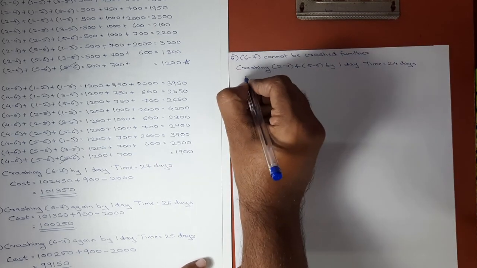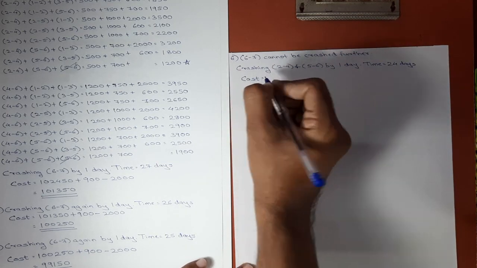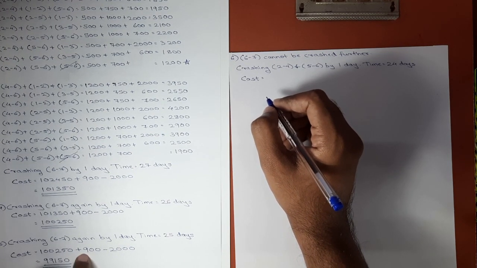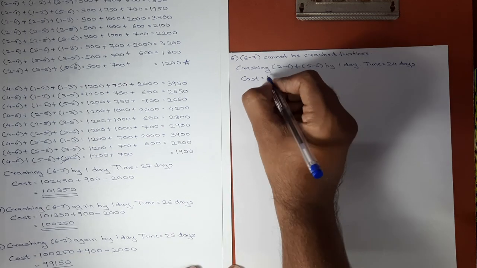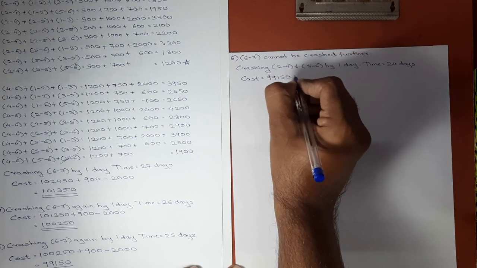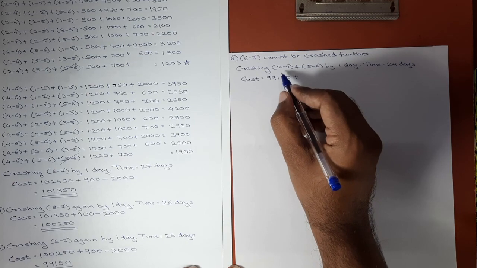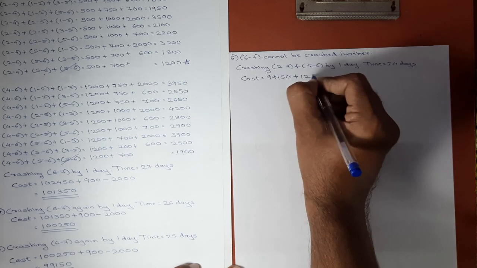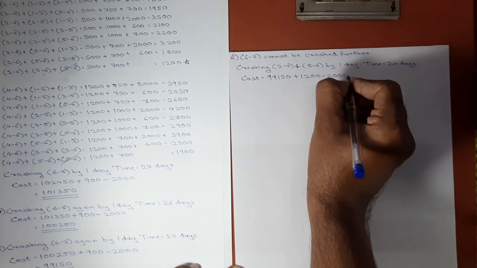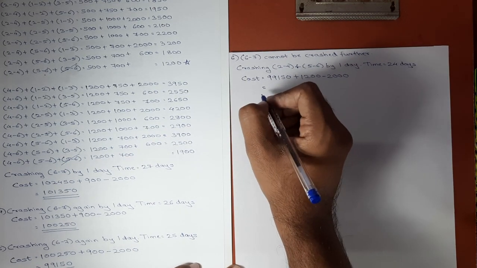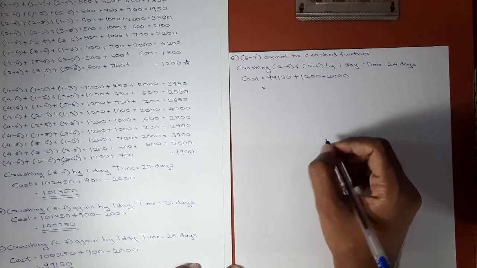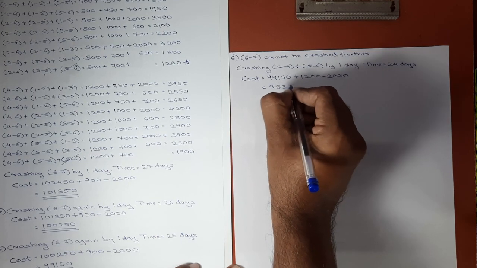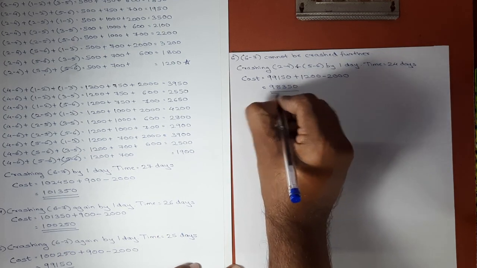The total cost will now be 99,150, which we got in the last step, plus the combined cost slope of 2 4 and 5 6, which is 1200 plus 1200, minus 2000. Here we get the answer as 98,350. Again the cost is reduced.